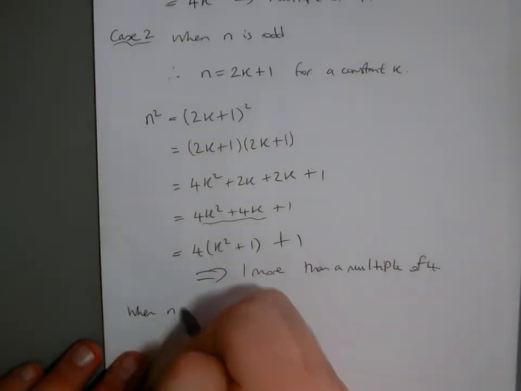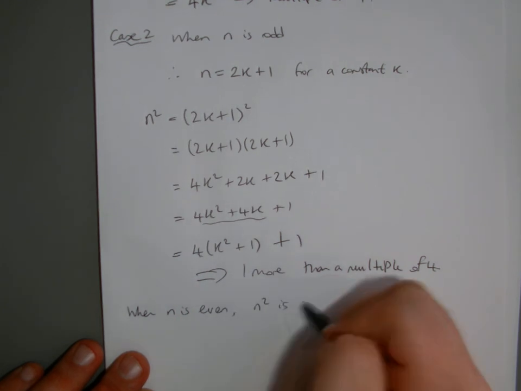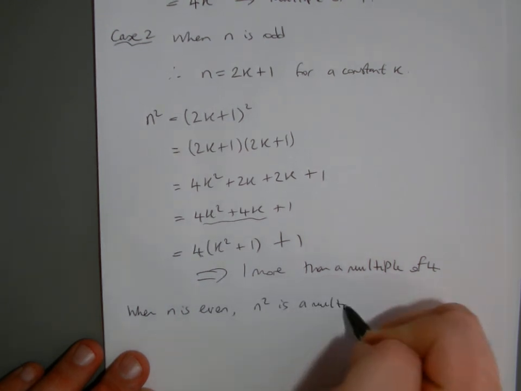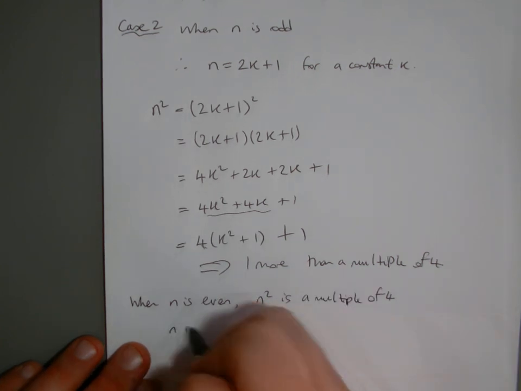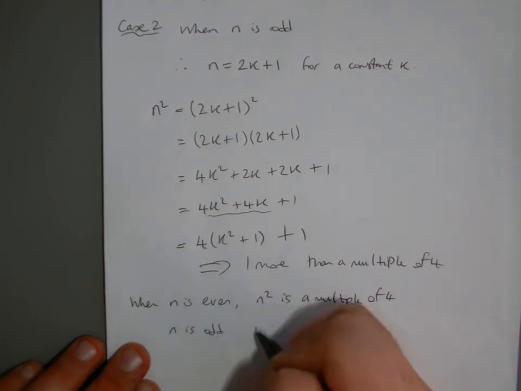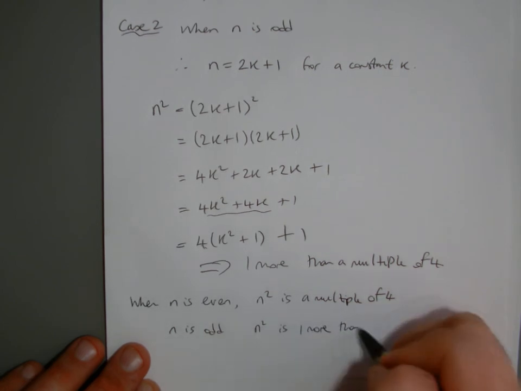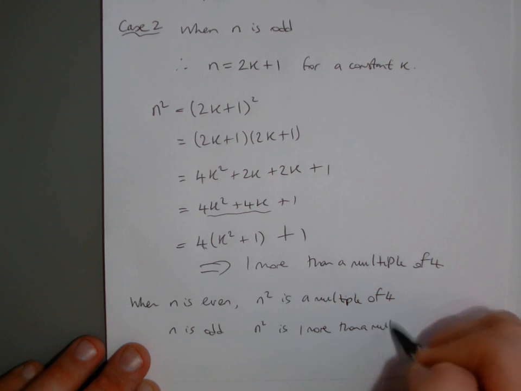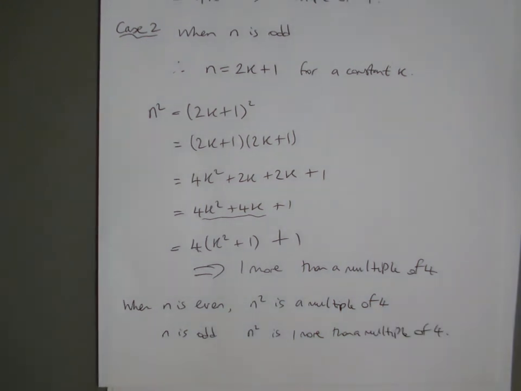We can say, look, when n is even, n squared is a multiple of 4. When n is odd, n squared is one more than a multiple of 4. So we've considered both cases there. We've shown that that situation arises.